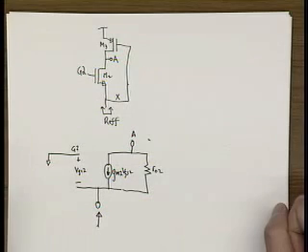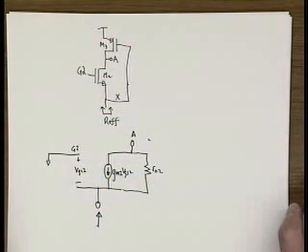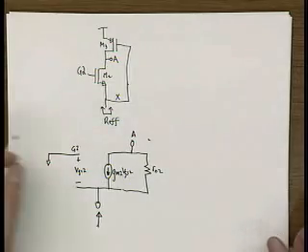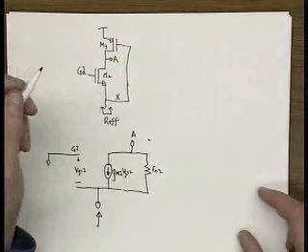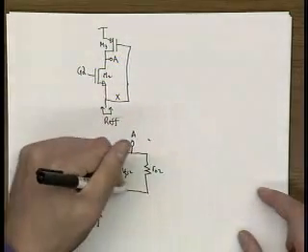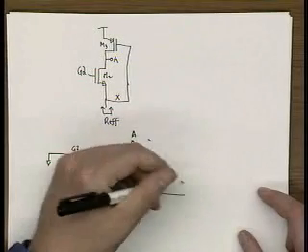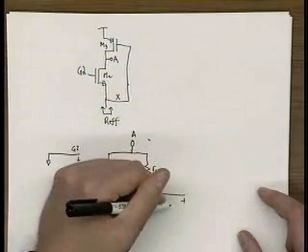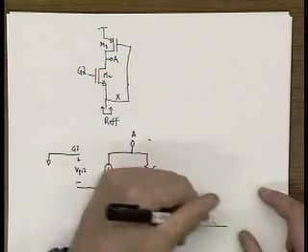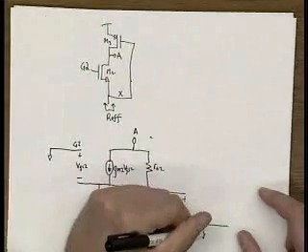And as we discussed before, a PMOS small signal model looks identical to an NMOS small signal model. So the gate of the PMOS is here. The source is VDD, which is a small signal ground.